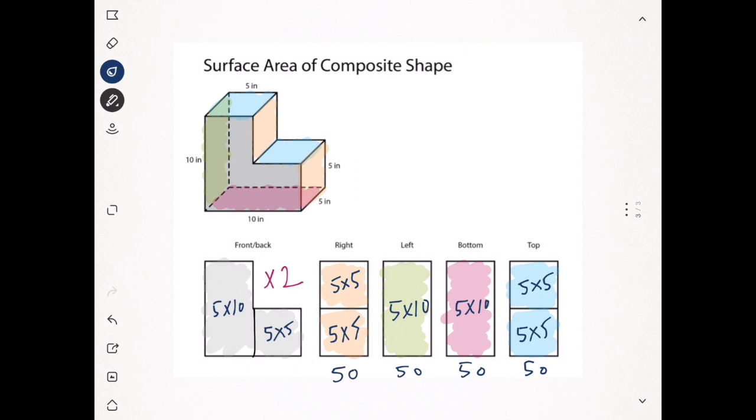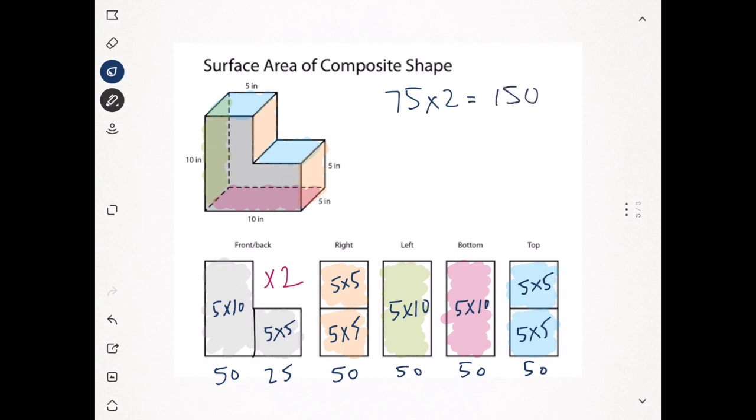And 5 by 10 was 50, 5 by 5 is 25, but we have to remember that there are two of those, so we have to multiply that by 2. So this ends up being 75 times 2. So for the front and back, we have 75 times 2, which is 150.